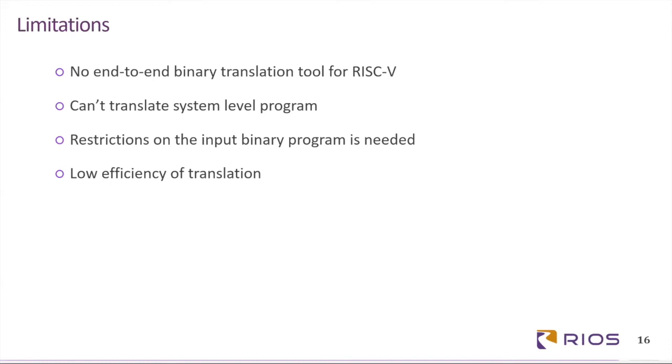Then you use the tool to do translation. But if you don't do that, the tool may go wrong. In the real world, binaries don't have so many flags and restrictions. So this is also a problem.